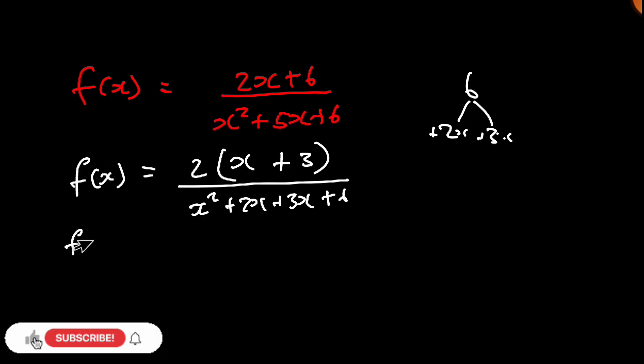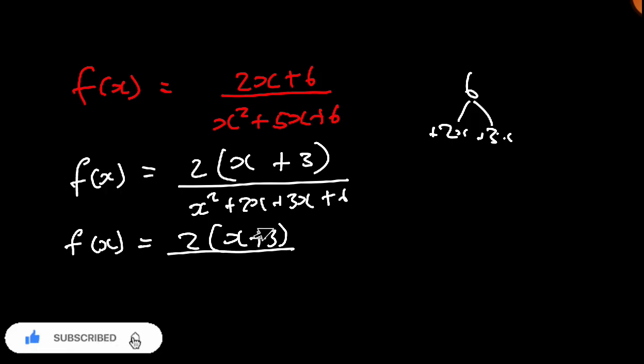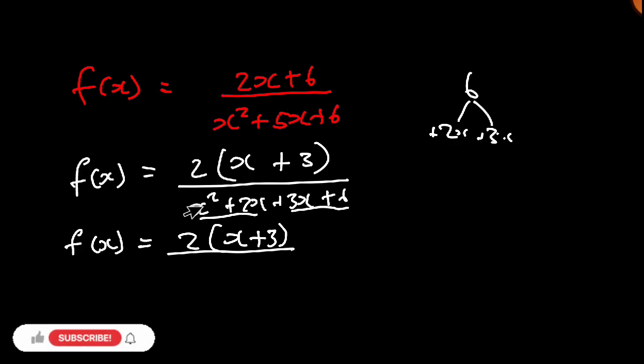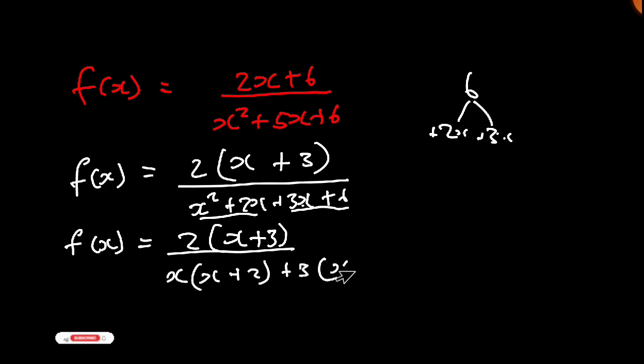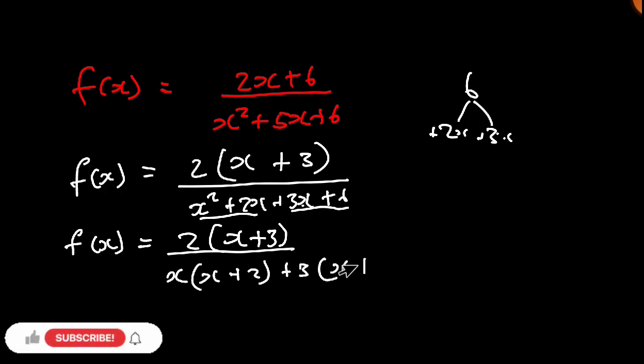So we have f of x equals 2 times x plus 3, divided by, now we can factor this by grouping. Between x squared and 2x, x is common. So let's factor out x. Now 2x divided by x gives us 2. Then plus, between 3x and 6, 3 is common. 3x divided by 3 is x, and 6 divided by 3 is plus 2.